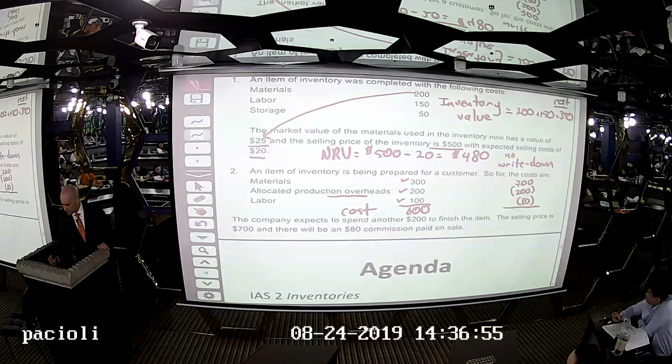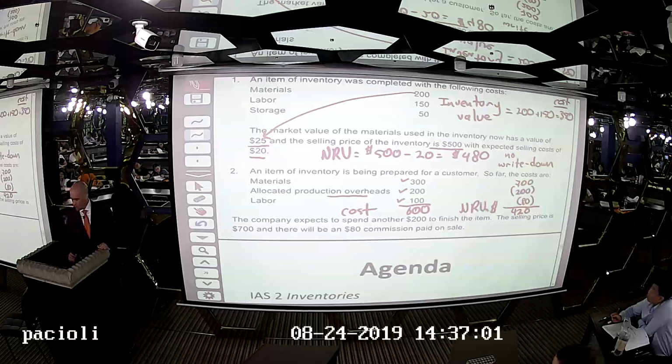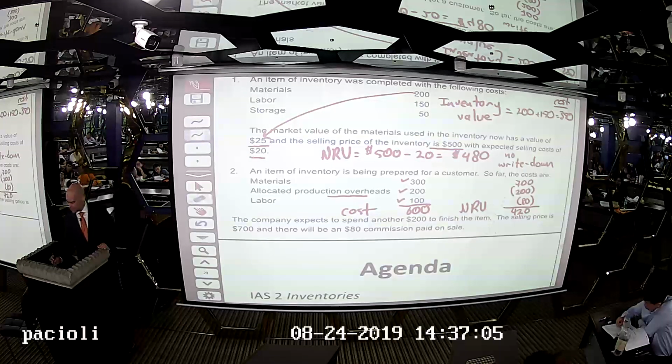So 500, 420. And this is the net realizable value. So cost is 600, net realizable value is 420. Is there a write-down? Yes, there's a write-down. So the write-down is 600 minus 420 is 180.